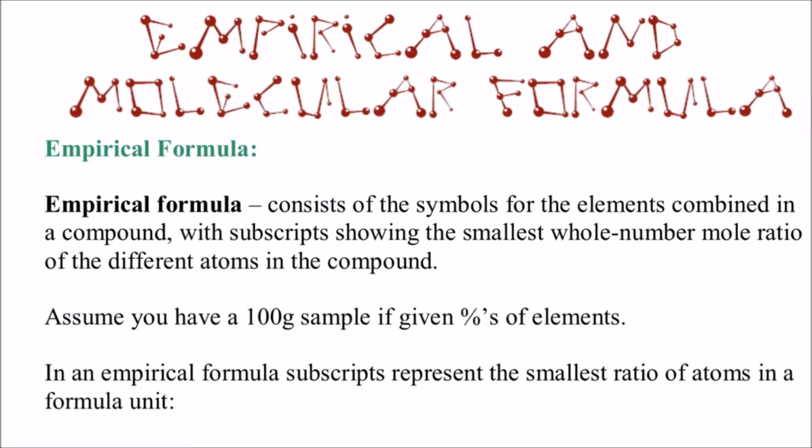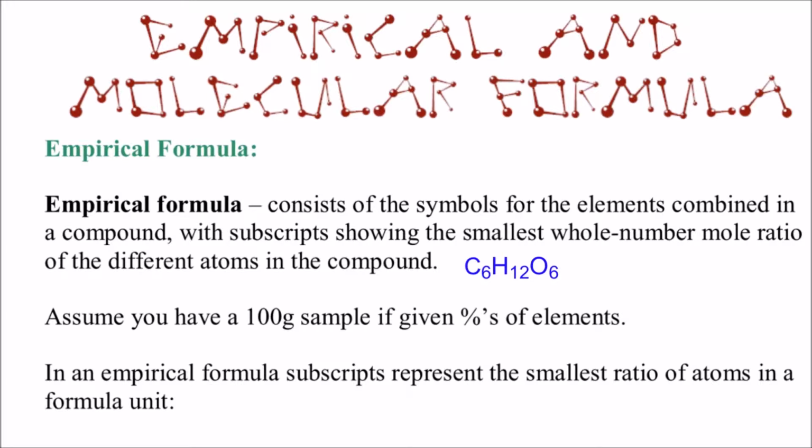Okay, so what is an empirical formula? Well, it is the smallest whole number ratio of the different atoms within a compound. So, for example, if we had glucose, which hopefully you remember from photosynthesis in biology, and we wanted the smallest whole number ratio of all the different atoms in that compound, I can look here and see that we've got a 6, a 12, and another 6.